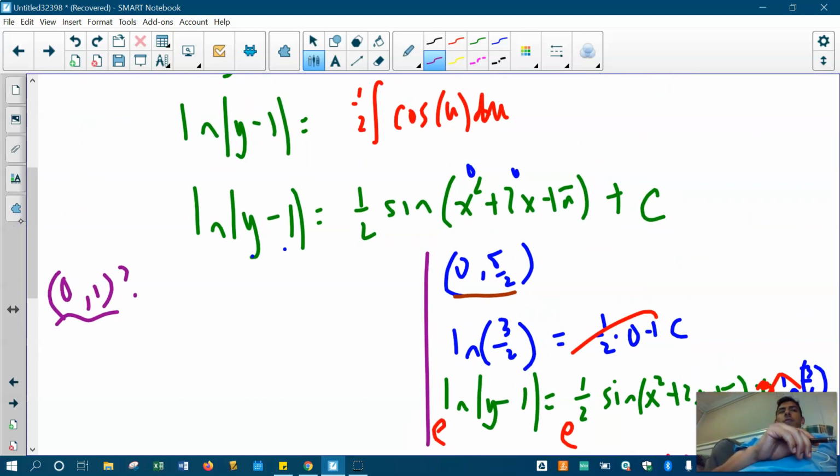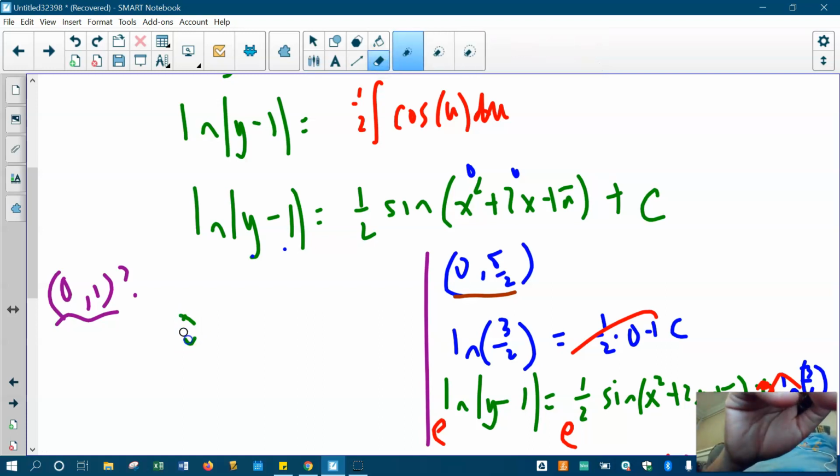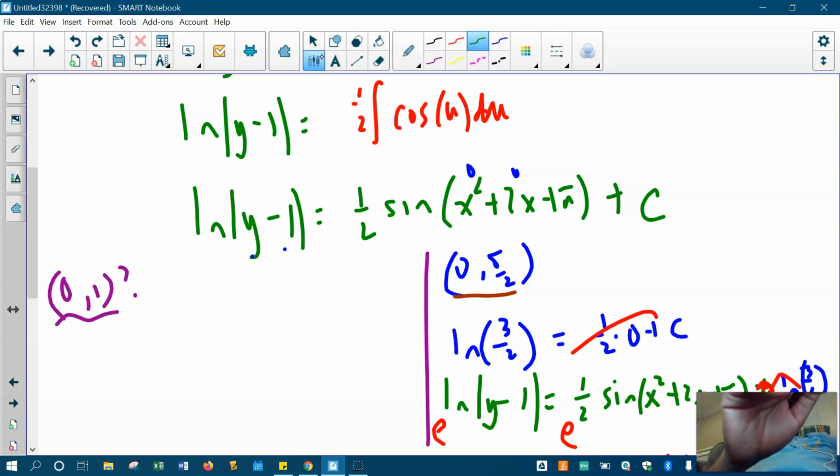I'm curious as to what happens to 0, 1, so if you're all done watching and you didn't even do this problem, feel free to move on with your life. If you're curious though, let's just go with it and see what happens here. When I plug in 1 minus 1 here, I get 0 on the left. Oh, wait a second. Oh, that's a spicy meatball, to steal a quote from Mr. Aronson.